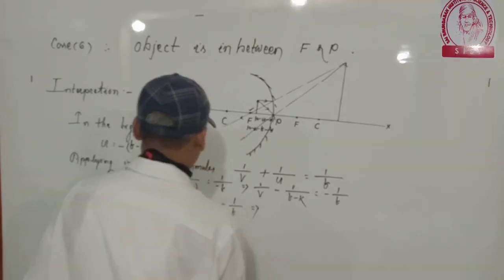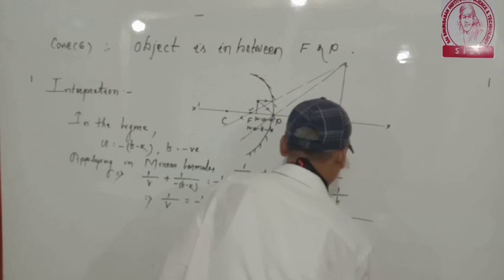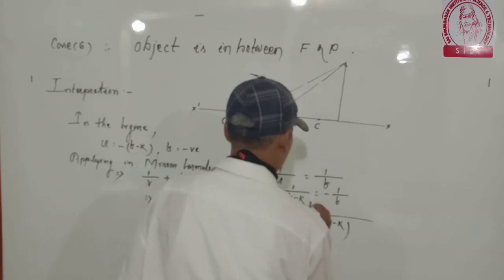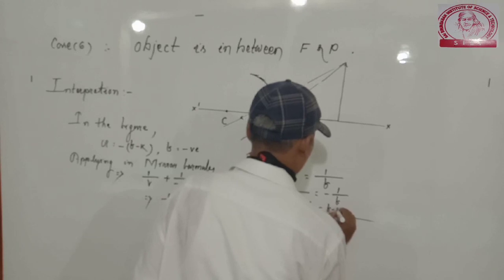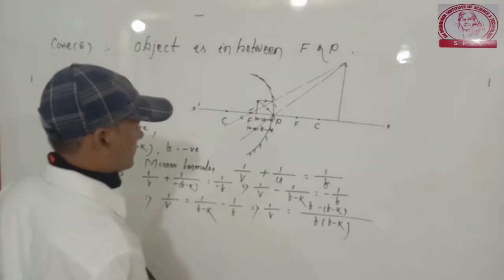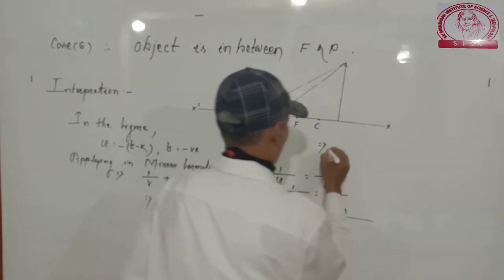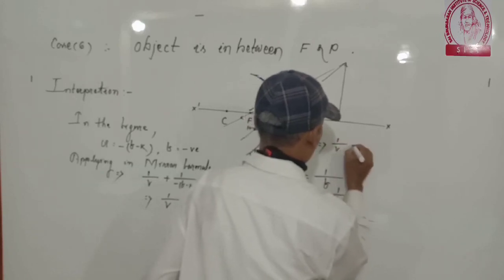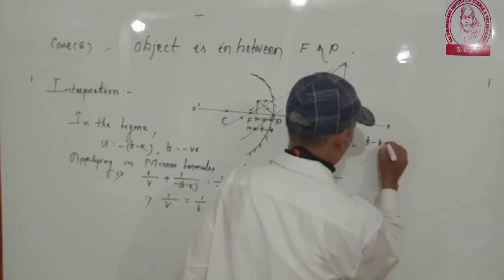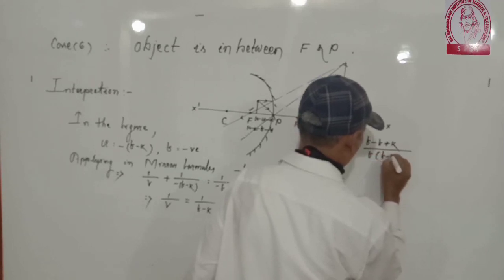Implies 1 by v is equal to f into (f minus k), so now this is f minus (f minus k), which implies 1 by v is equal to (f minus f plus k) whole divided by f into (f minus k).